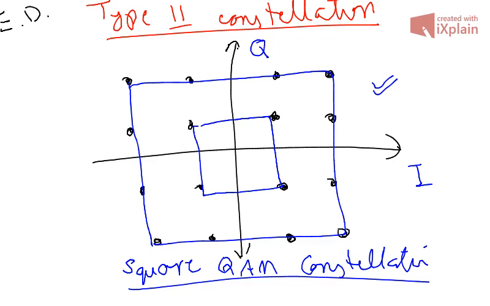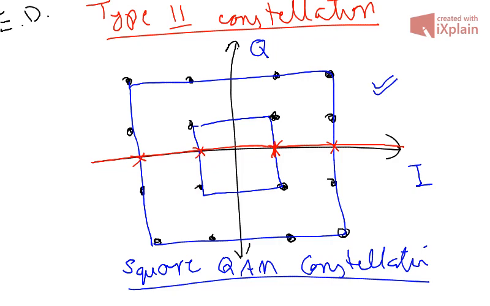Now, if you concentrate on the I channel, this one, you have 4 unique amplitudes. This amplitude, this amplitude, this amplitude, and this amplitude.